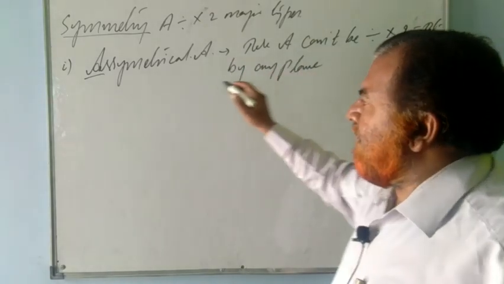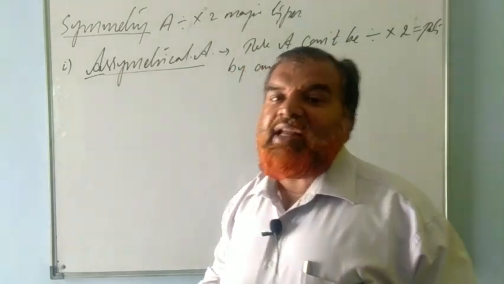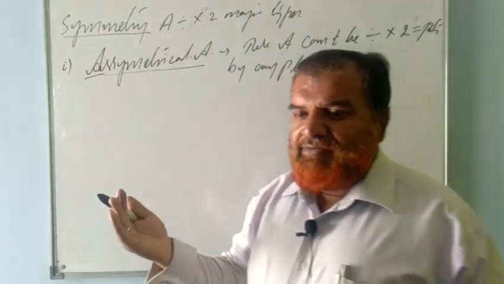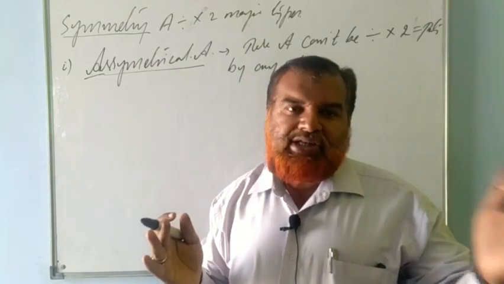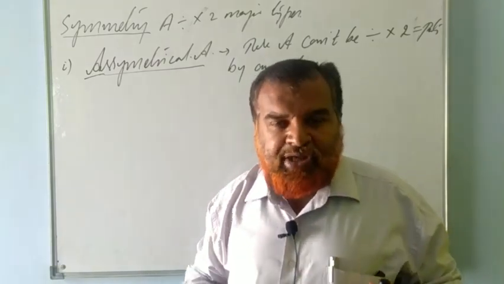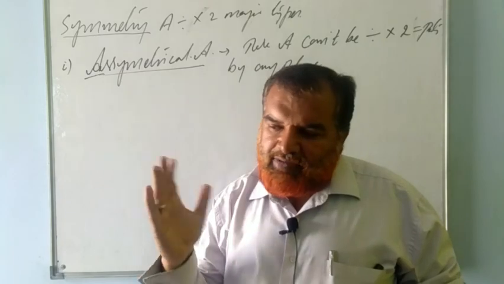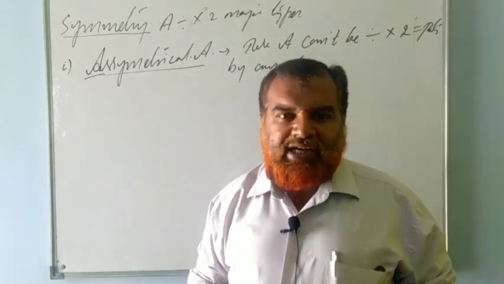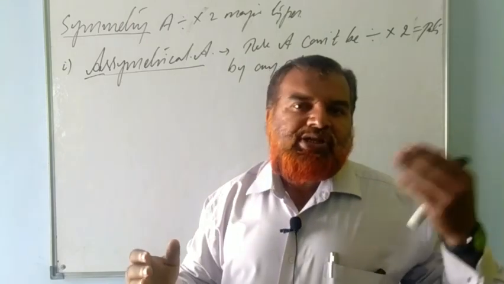Such animals are known as asymmetrical animals. When you divide this animal, the right hand side will not be similar to the left hand side, will not be identical to that, will not be a mirror image of that. This is totally different.